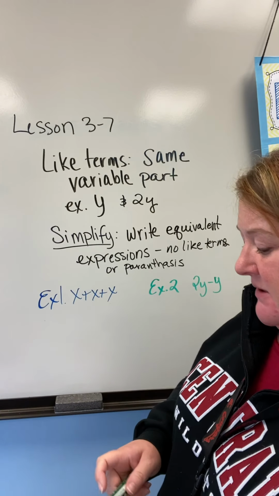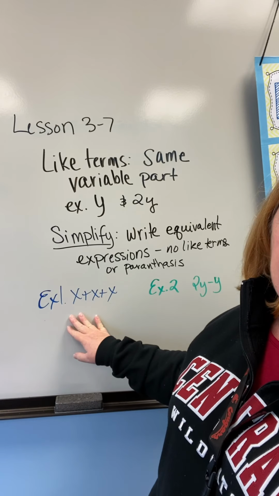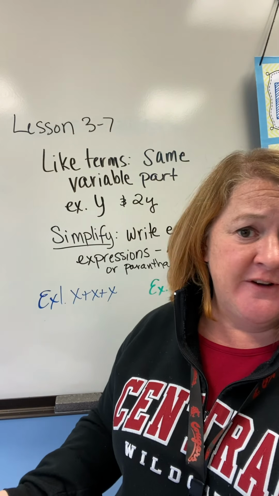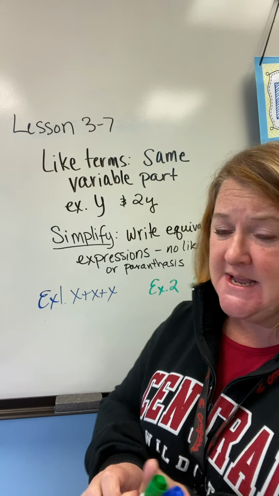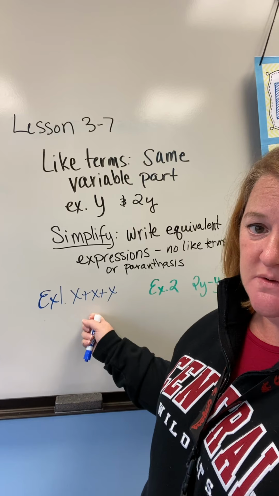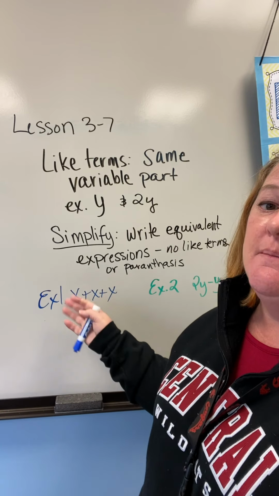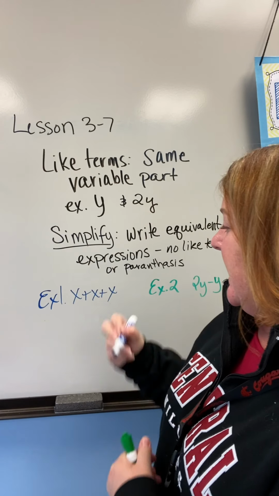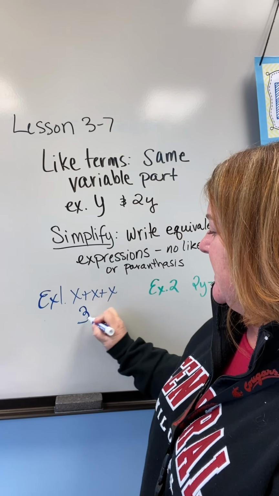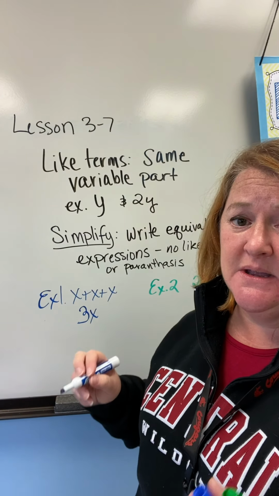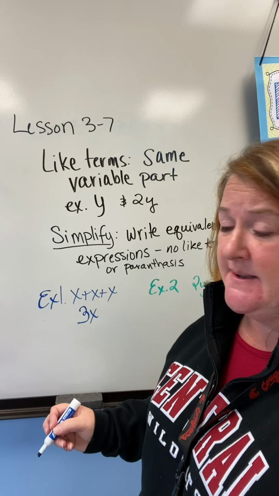So an example of that would be if I had x plus x plus x. Mathematicians, we like to simplify things. We like it neat and tidy. So instead of saying x plus x plus x, what could I do? I'm going to combine those like terms because they're all the same variable, and I'm going to say 3x, because I would get the same number, and I can prove that by substituting.